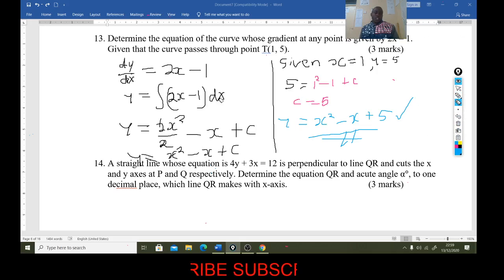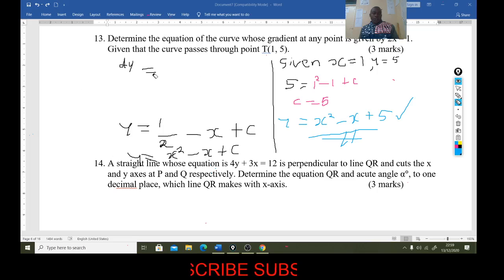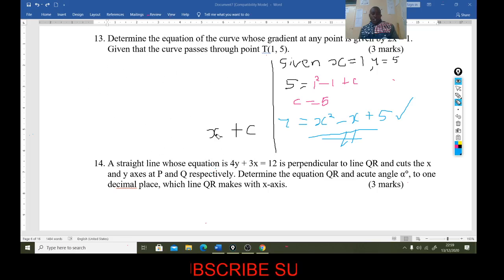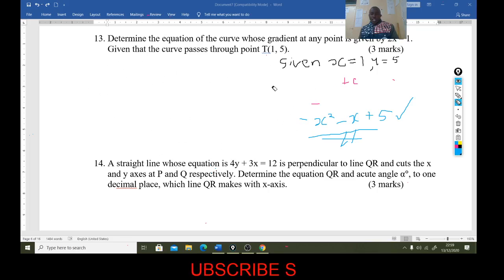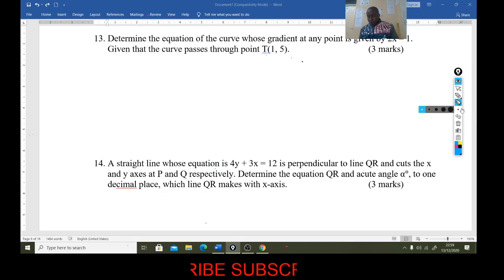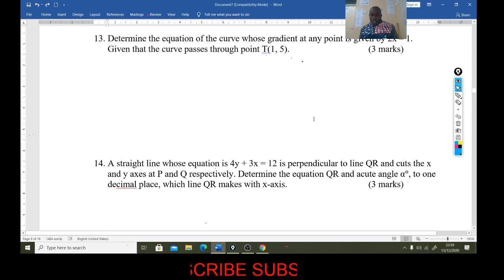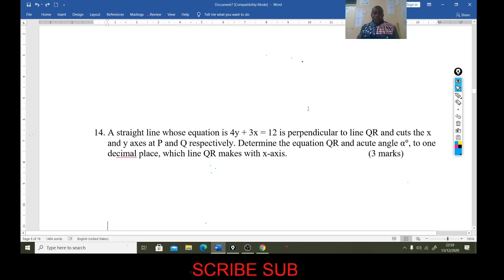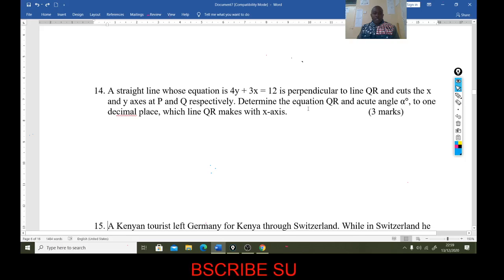So in this case, you are supposed to integrate. As long as you are given the point, you are able to find the arbitrary constant c, then rewrite the equation with the arbitrary constant c substituted. So that is how we find the equation of that curve. Now we move to number 14.